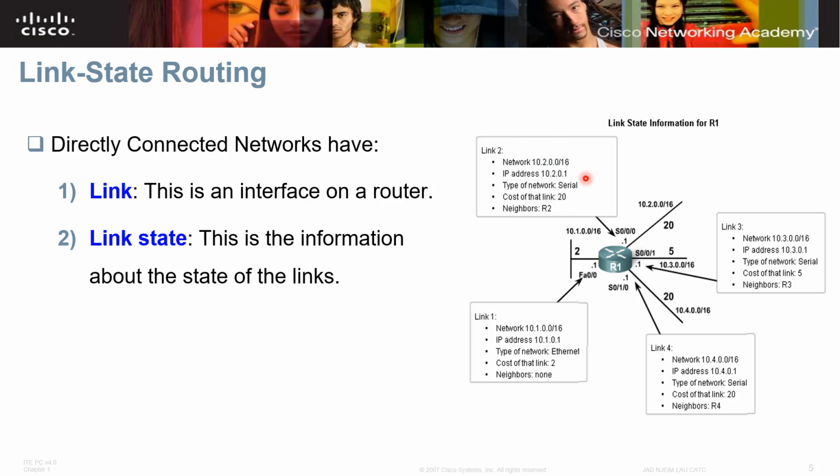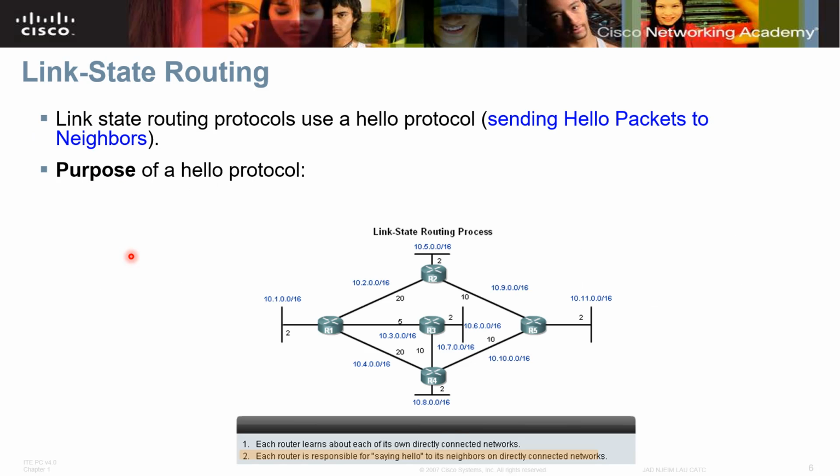We name all this information the link state. So for each router we have a number of output links or interfaces, and each link carries some information like IP, cost, and the destination or neighbor routers. So we have link and link state. Okay.